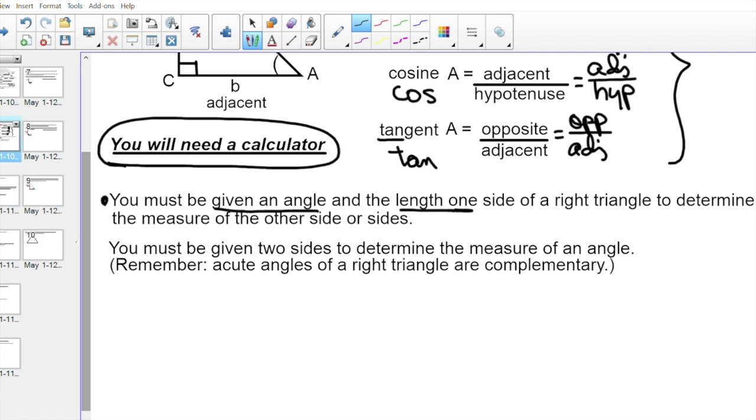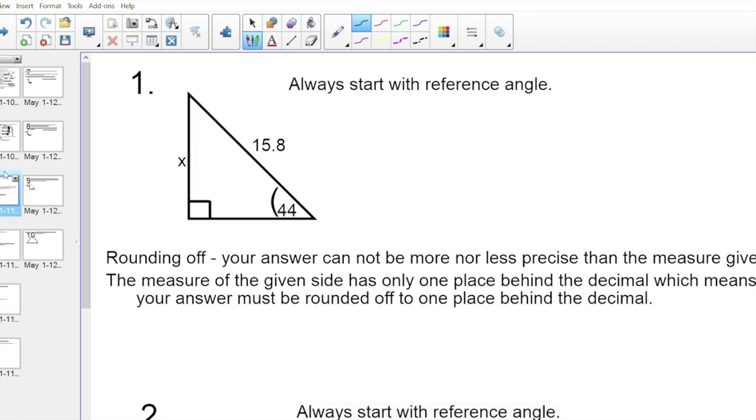Or if it's not that scenario, you must be given two sides to determine the measure of an angle. Now remember, the acute angles of a right triangle are complementary, and that means two angles, the sum of whose measures is 90. So let's see how successful we are with a few problems.